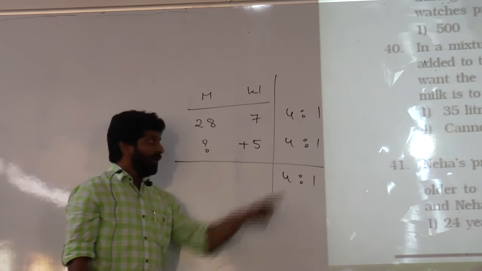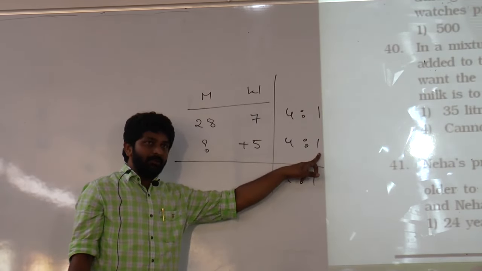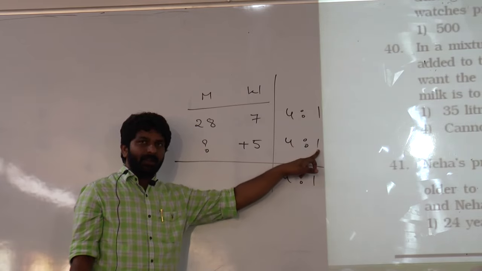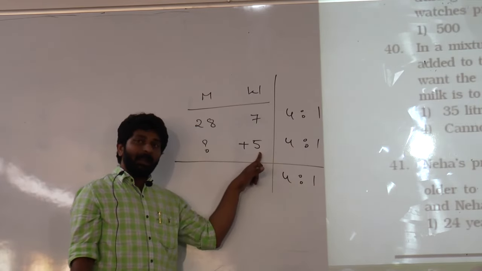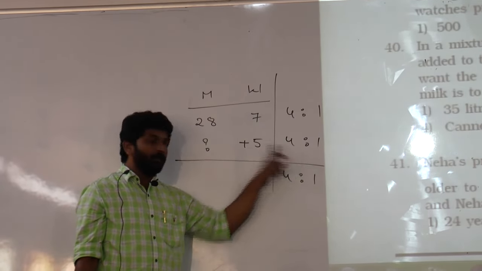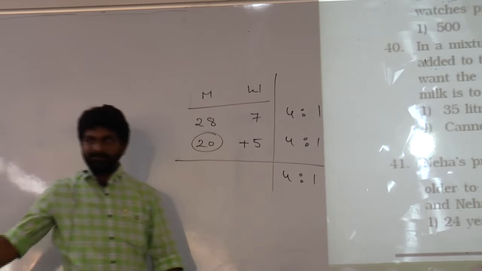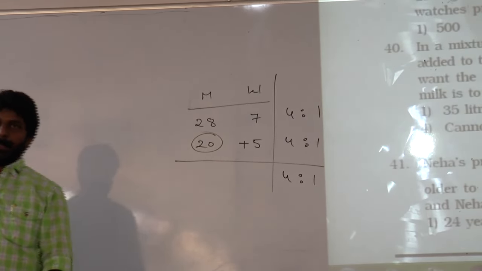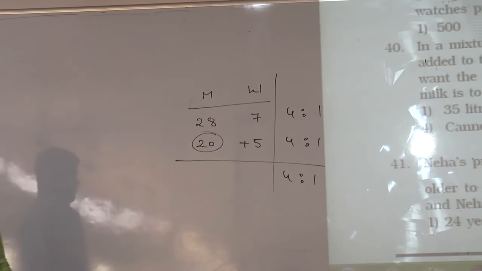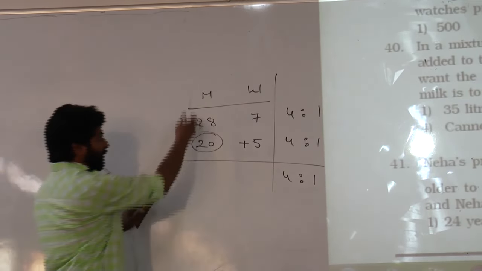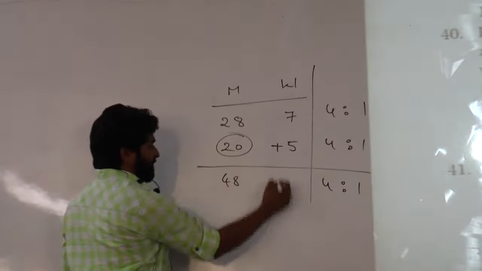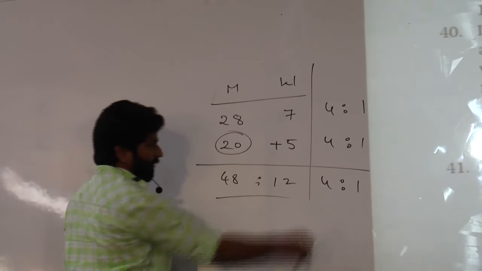Milk occupies 4 parts, water occupies 1 part. What about 1 part here? 5 liters. Then 4 parts? Yes, you need to add 20 liters of milk. If you have any doubt, add everything. This is 48 and this is 12, which is 4:1.